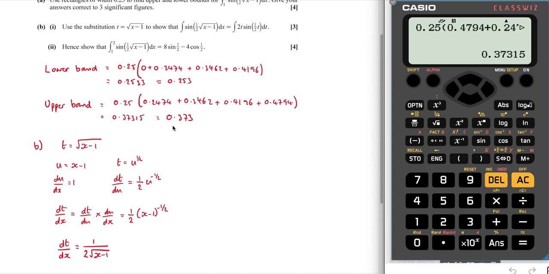Okay, so we're going to go back and we're doing the integral of sine a half x minus 1 dx.